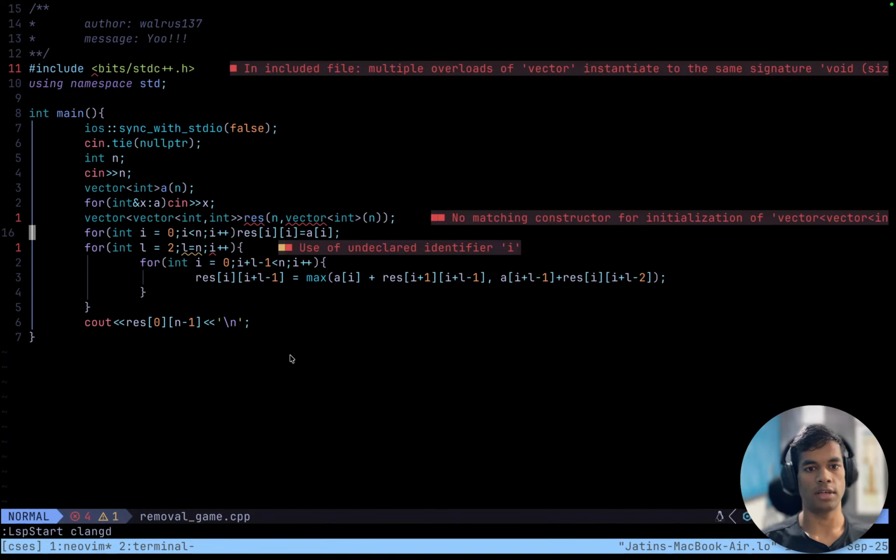Is there some mistake? There seems to be some mistake. Why is there a mistake in this? My LSP does not tell me there is a problem with the bits library.